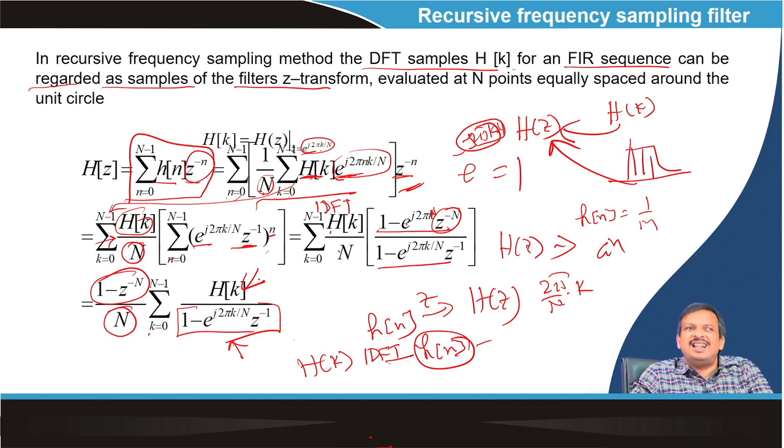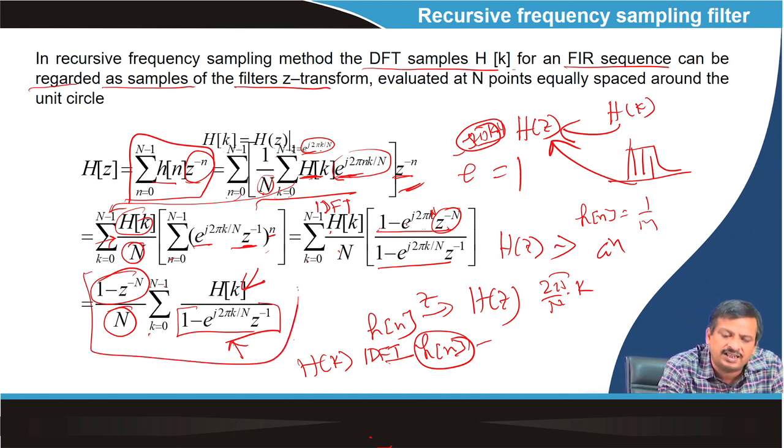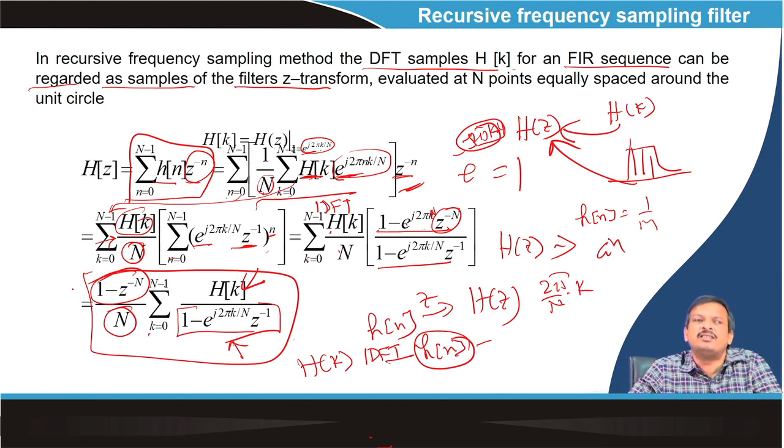Once I get my H(z), I can implement it using discrete structure 1 or 2, it doesn't matter. So this way I can compute H(z). This is called the recursive frequency sampling filter. One is non-recursive, type 1, type 2, where I can implement h(n); here it is recursive.